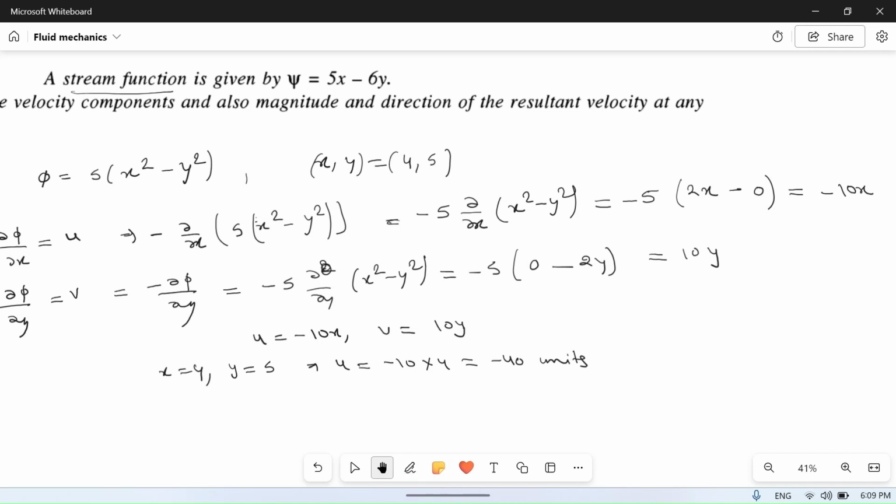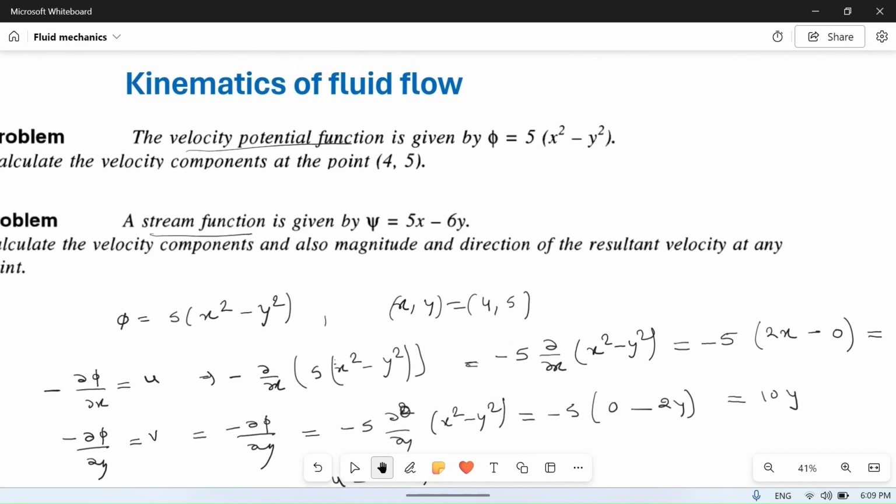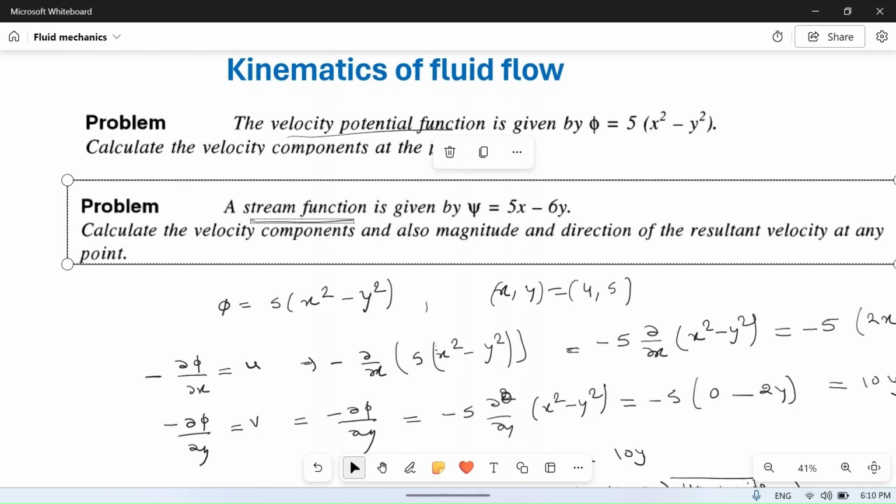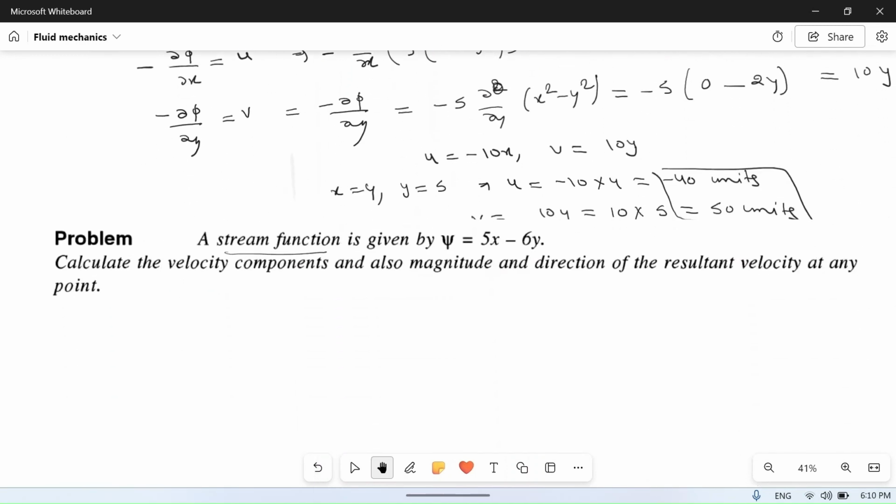Similarly, v is equal to 10y, so 10 into 5 is equal to 50 units. So this is our answer for the first question. We had to find velocity components, so we have calculated. We are not asked to calculate the resultant velocity, so we stopped there.